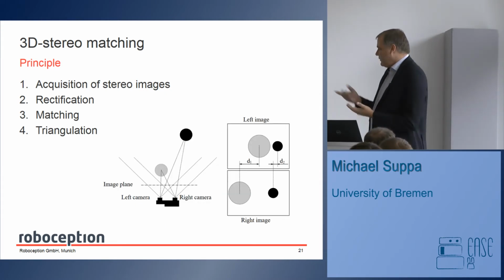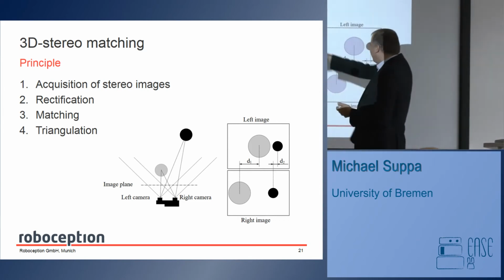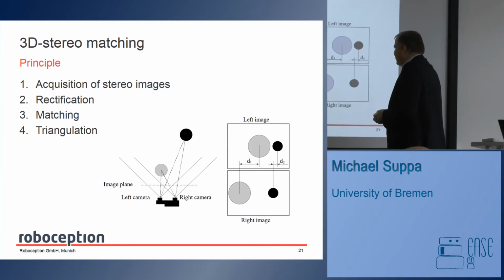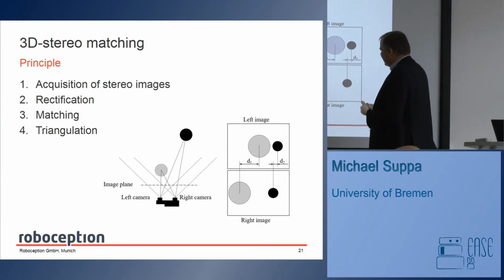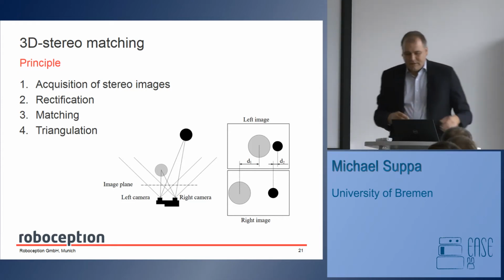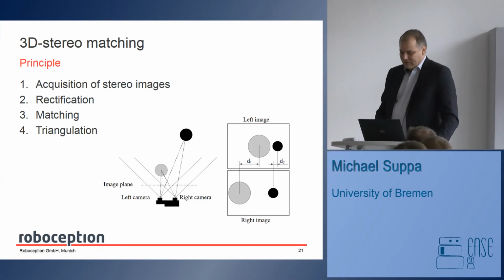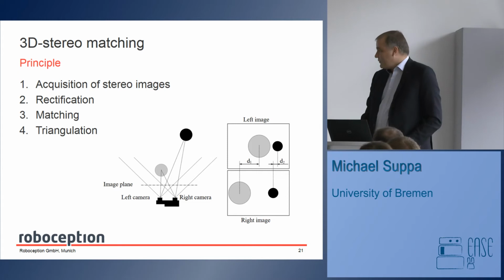Basically how this works: you have two cameras, the left and the right camera, you have the image plane, and you have here two objects. These two objects are represented in the left and in the right image, and you have a disparity, or distance, in between these images when you check the left and right image. The task is really to figure out how these objects moved from one camera view to the other.